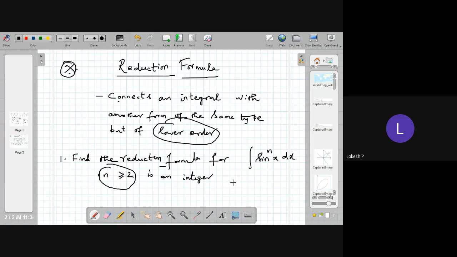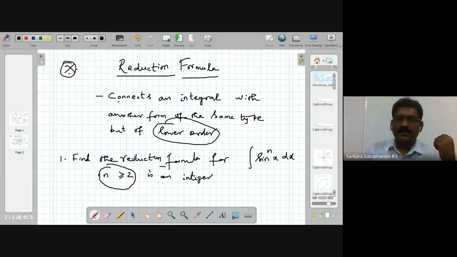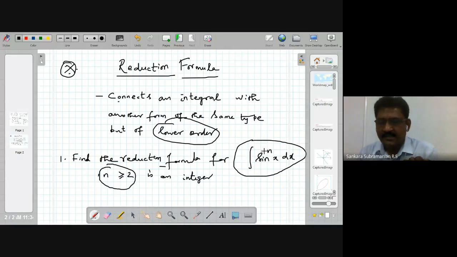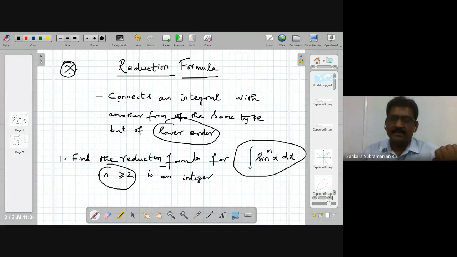Yes, sir. So to start, you have to take it as In, an integral. What the quantity you want to find, you have to take it as the nth integration. If it is sine power nx dx, you have to take In. Please note it down.